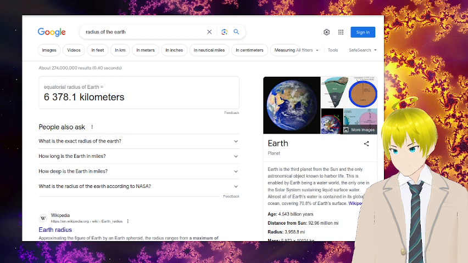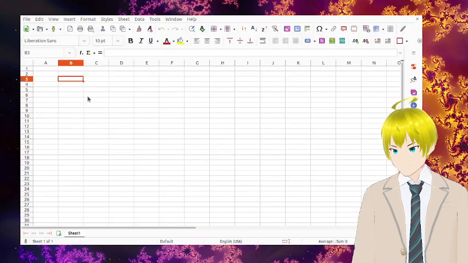So the radius of the Earth is, let's put it in our spreadsheet. Let's copy and paste into our spreadsheet. I have the spreadsheet here. Just go radius of Earth, paste that in.